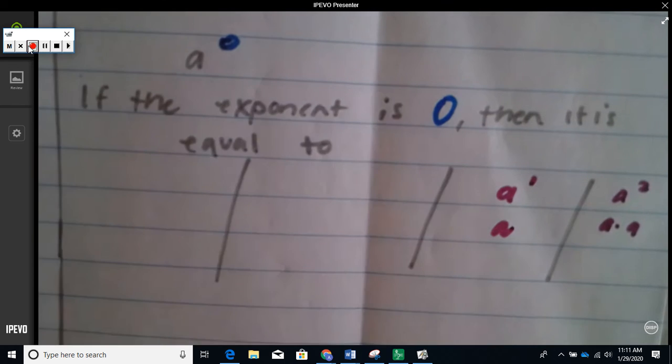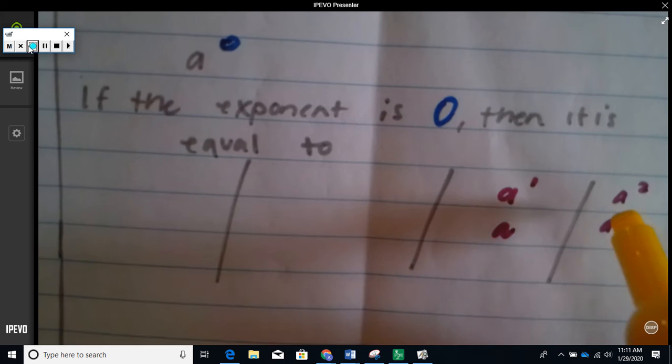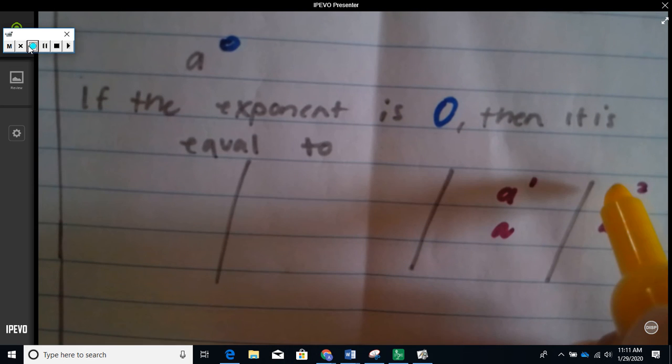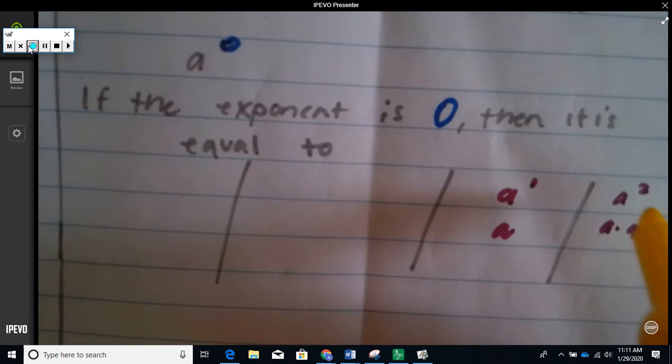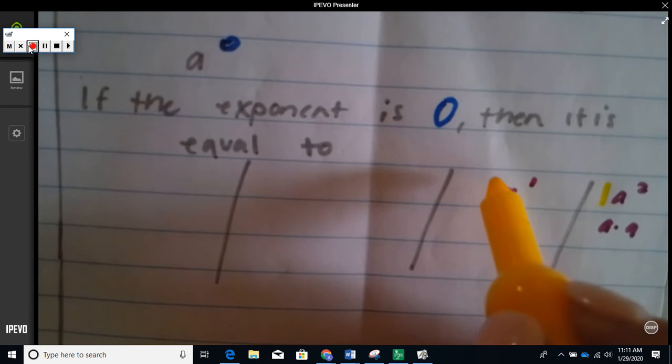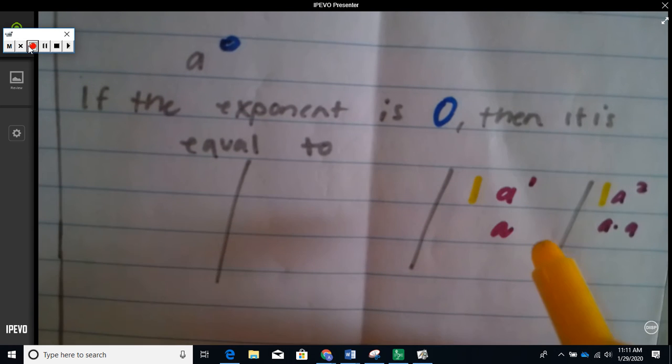Okay? So while this is the letter a, you also have a coefficient. Do you know what the coefficient is right here? How many a's do you have? Not 3, it's just 1. If it was 2, you would see a 2.